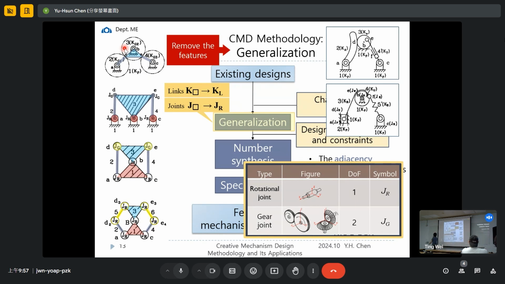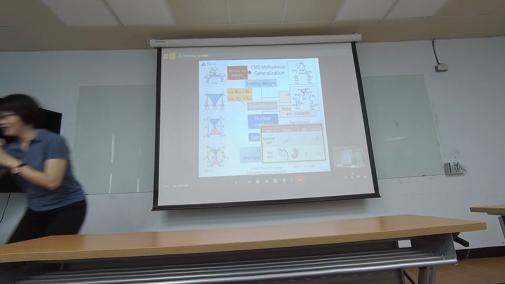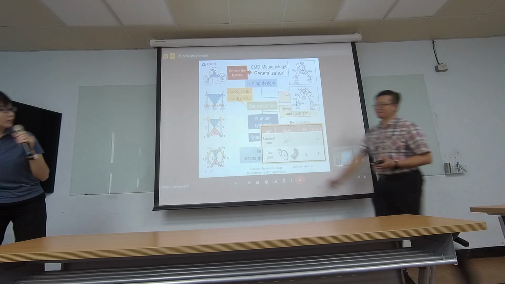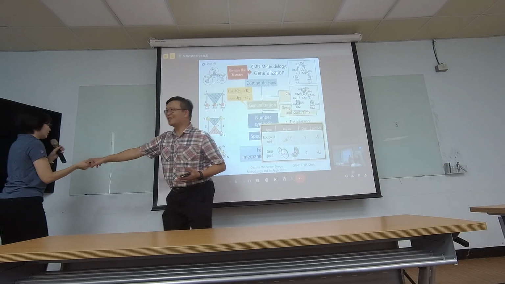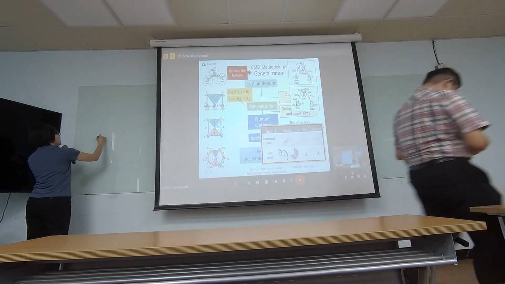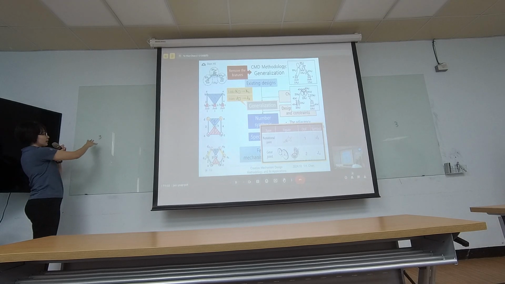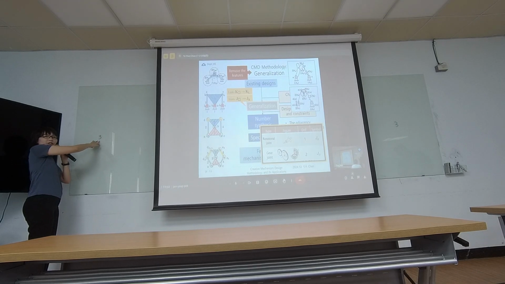The equation is defined for the planar mechanism. Can you see the equation I write? Because that is a planar mechanism, the maximum degrees of freedom is 3.